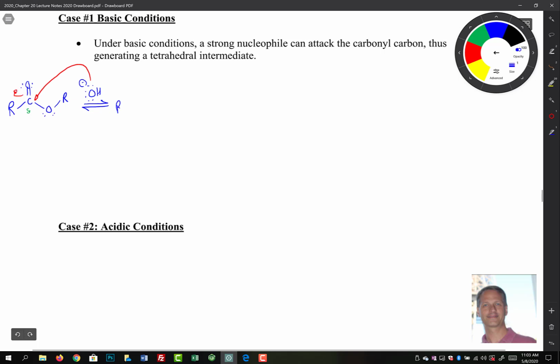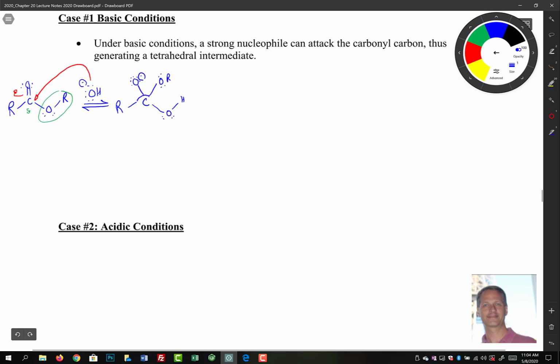Now what that gives us is our R group and our carbon, oxygen and a minus charge here. And then I'm going to swing around this OR group to this top position here. And then down here below, you have your OH.